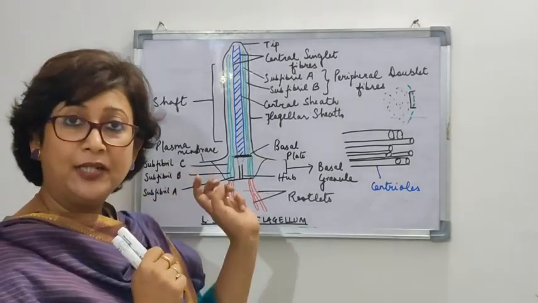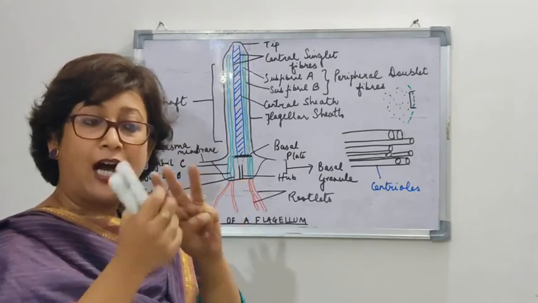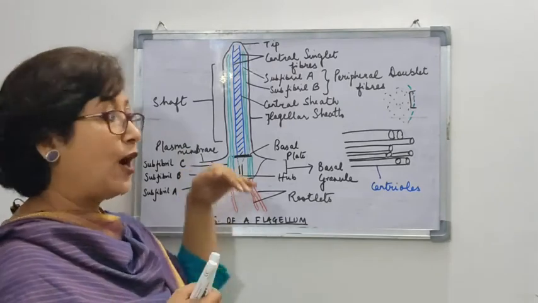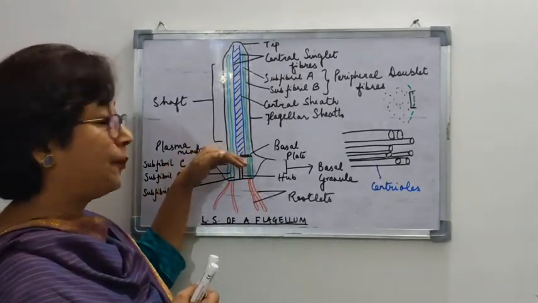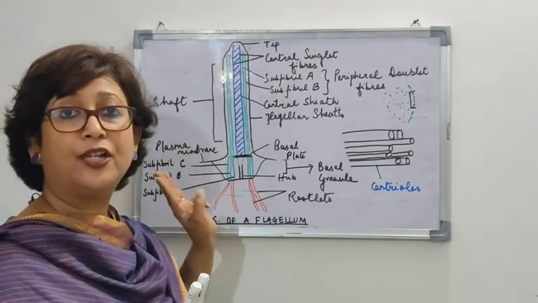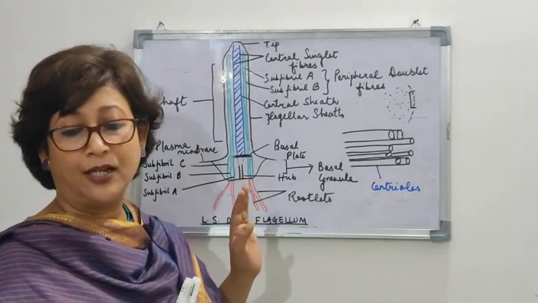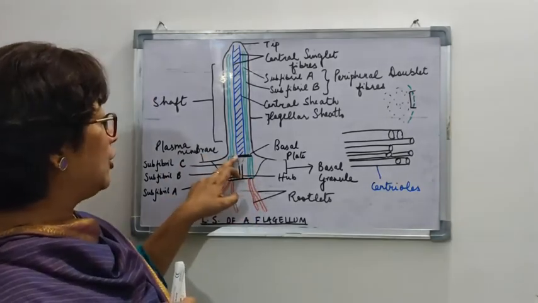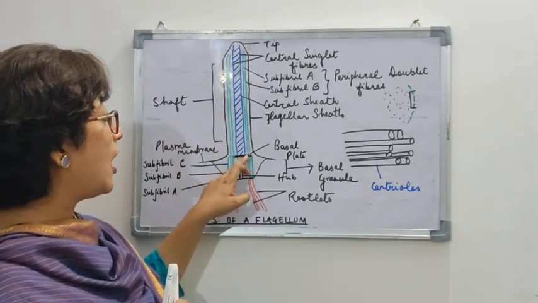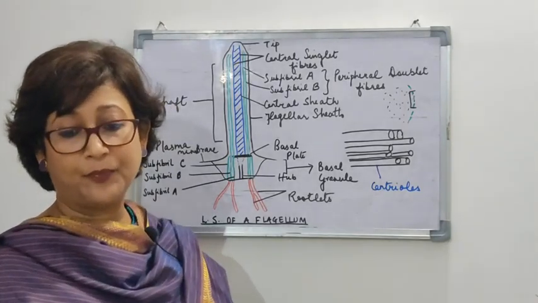That means out of the triplet fibrils, the outermost, that is subfibril C, is found only till below the basal plate. At the basal plate level, subfibril C is missing, so it disappears. The central fibrils start from the basal plate area.